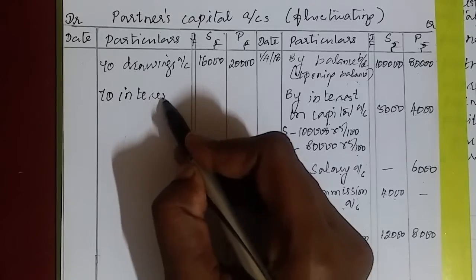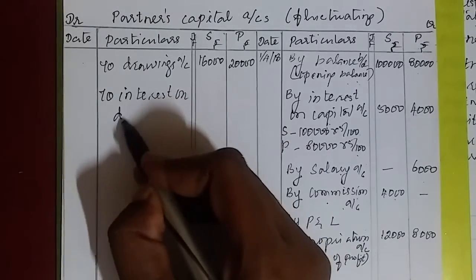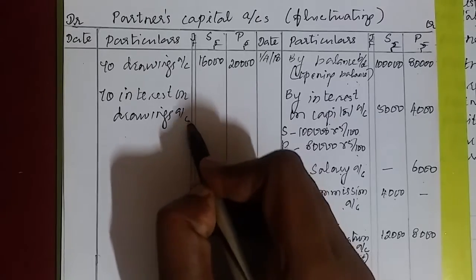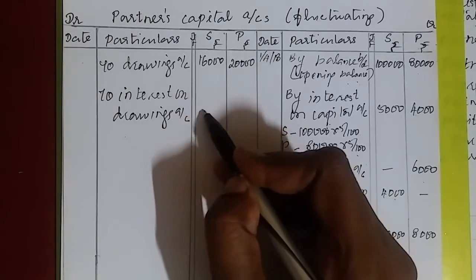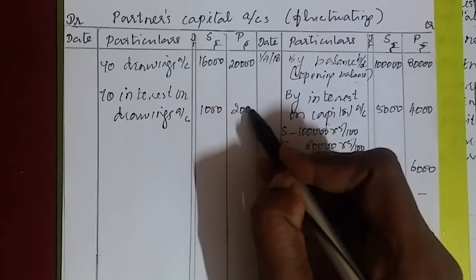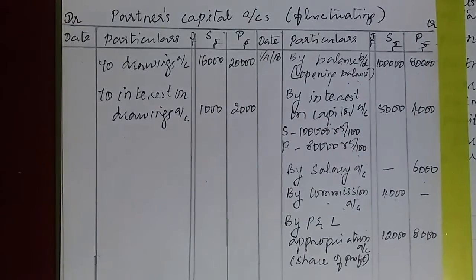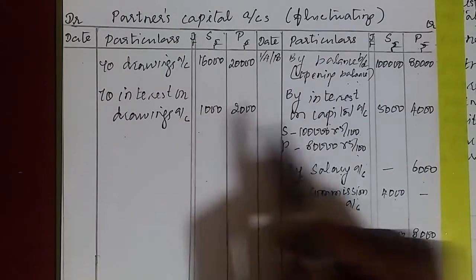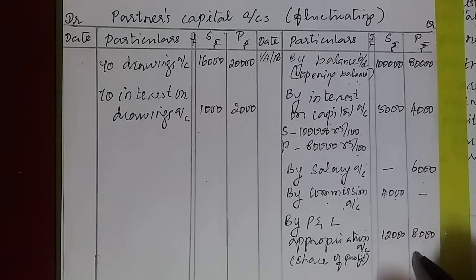Interest on drawings account. Interest on drawings for Sachin 1,000, for Pratham 2,000. Is it clear? Only two debit values, and all the remaining items are credit, because these are the incomes to the partners.